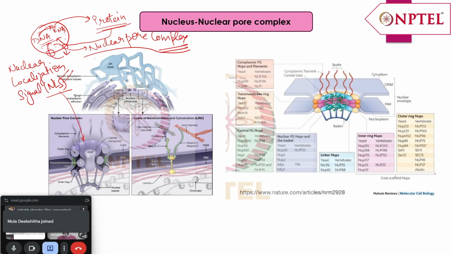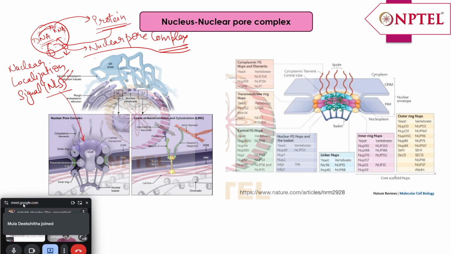As you can see here, I'm not going into that detail, but the basic electron micrograph structure of a nuclear pore complex is like this. This is the nuclear region and this is the cytoplasmic region.